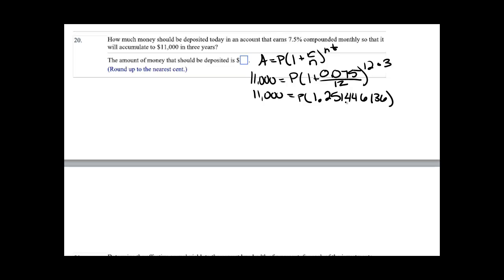1.251446136. Since this is the last answer in my calculator, I'm not going to round, because we only have one more step to solve for P, which is to divide both sides by that number.